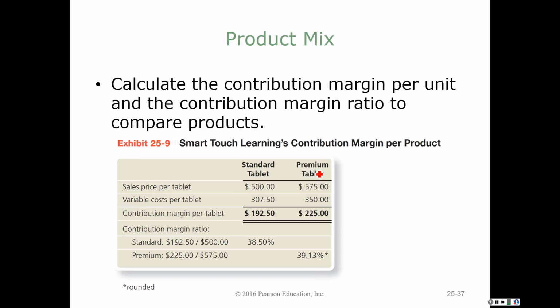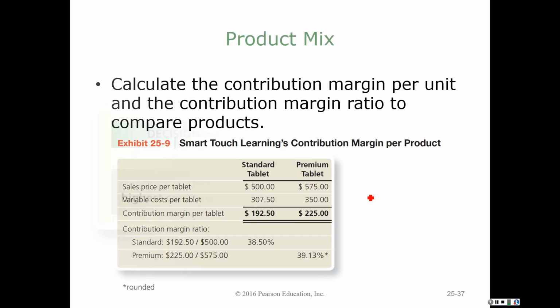If we know the sales price and the variable cost, we can calculate the contribution margin for each tablet and the contribution margin ratio. So we know just on the basic contribution margin that our highest contribution margin is coming from our premium tablets. So if we had no capacity constraints and we could sell as many as we could make, we would want to focus on these premium tablets.